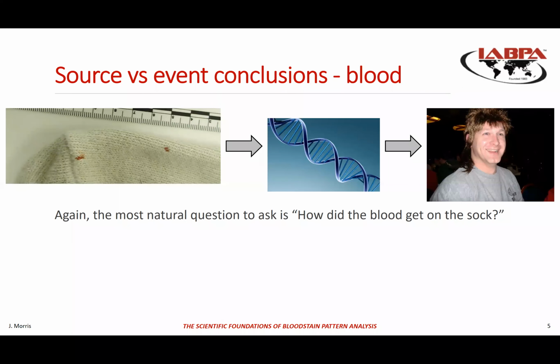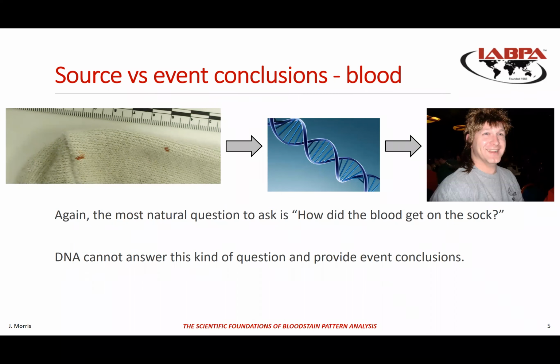But again, the most natural question is to ask, how did the blood get on the sock? Because there could be all sorts of reasons. There could be very innocuous, non-violent and innocent reasons why a person's blood got onto a sock, or there could be some criminal reasons dealing with criminal activity.